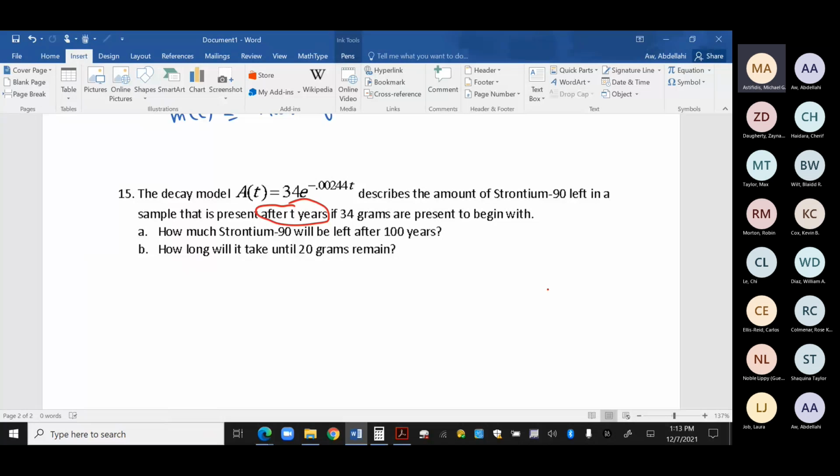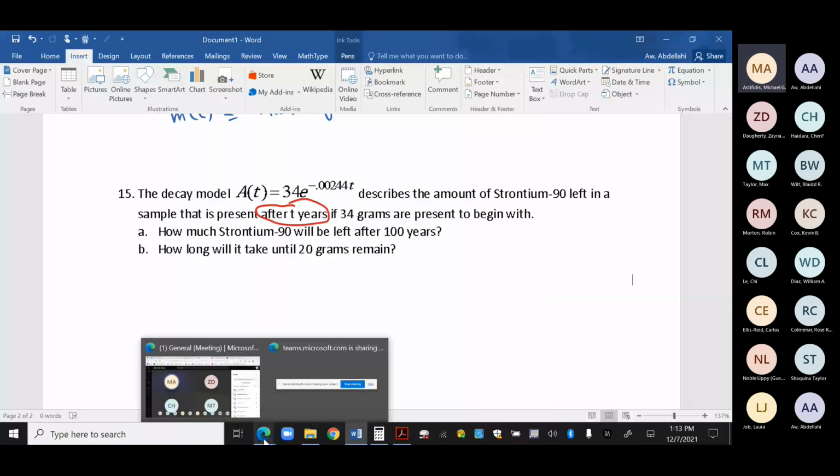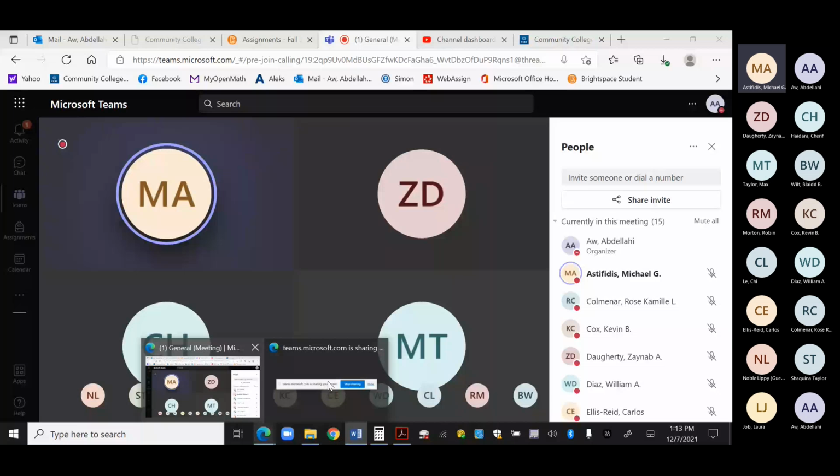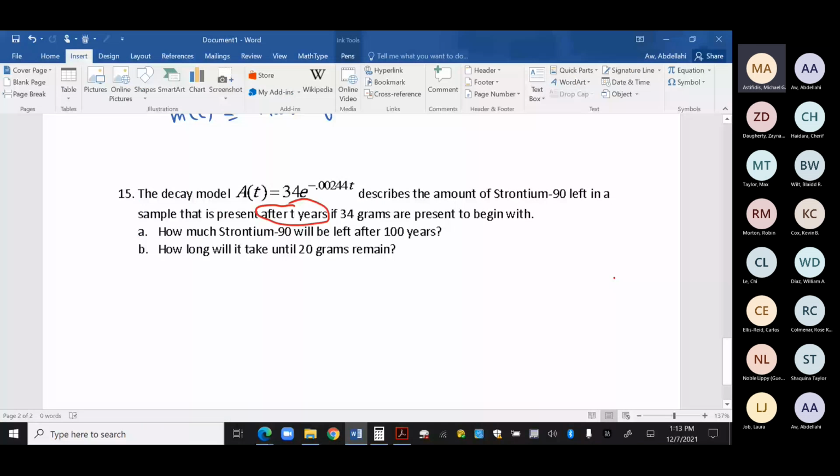Simply, you substitute 100 for t, as long as the time units match. This question is only asking what is A of 100. We give you A of t, a function, and we ask you what is A of 100. The answer is very simple.